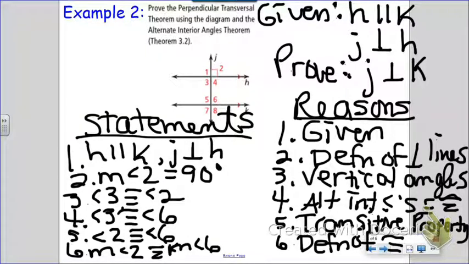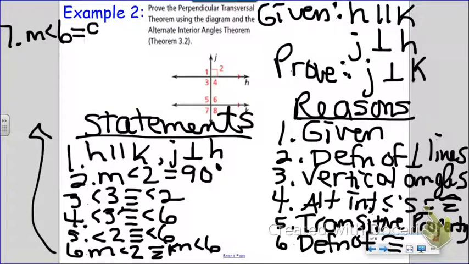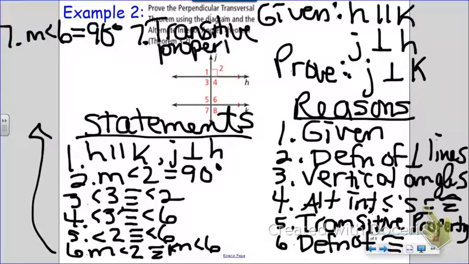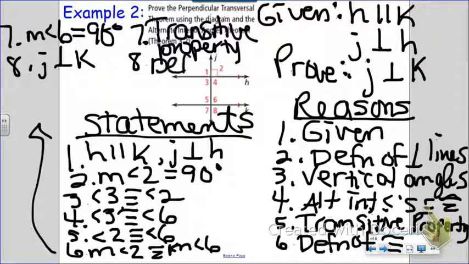We then know that the measure of angle 6 equals 90 by the transitive property. I'm going to write the rest of them up on top here. And therefore J is perpendicular to K, and that's the definition of perpendicular lines.